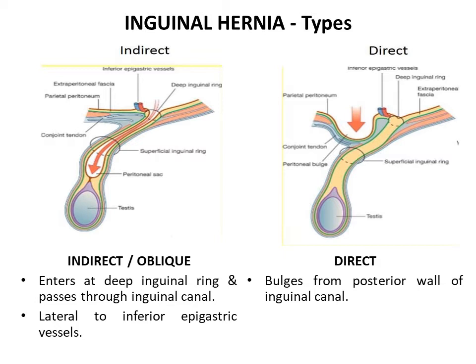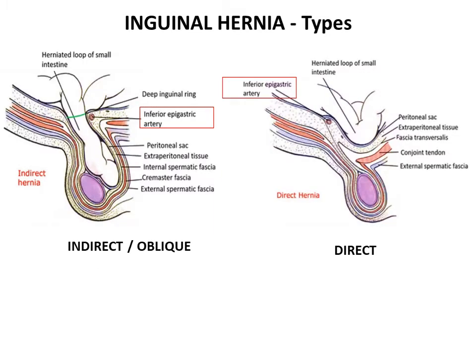The indirect inguinal hernia lies lateral to the inferior epigastric vessels, that is through the deep inguinal ring, whereas the direct inguinal hernia lies medial to the inferior epigastric vessels. Thus, the inferior epigastric vessels act as a guide to differentiate the direct and indirect inguinal hernias.